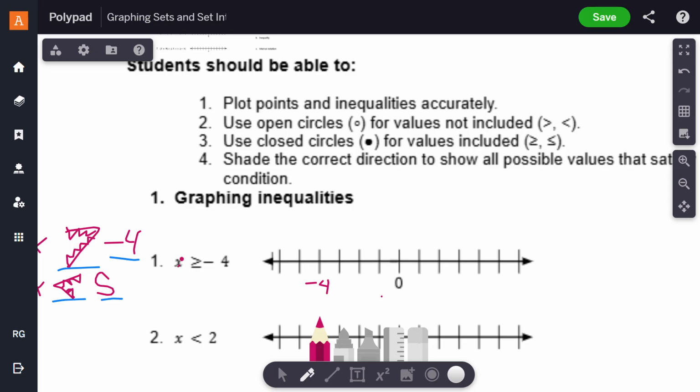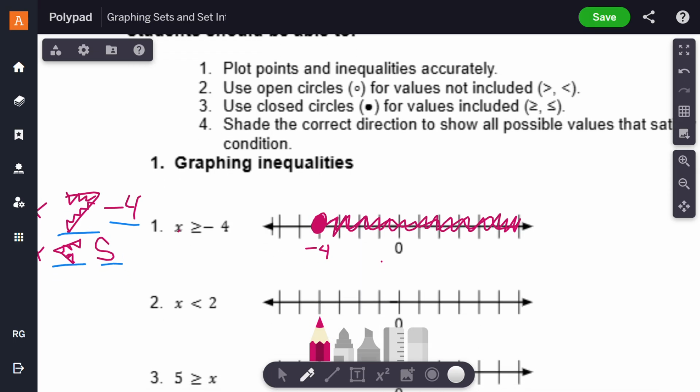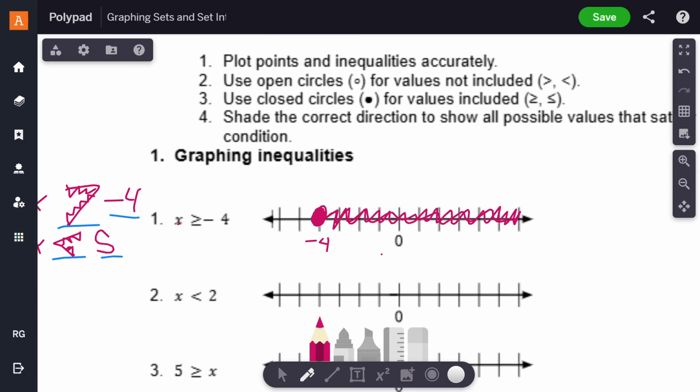So x is greater than -4 or equal to, we're going to use the closed circle. So x can be -4, but it can also be any value that is greater than -4. So we shade towards the direction of all the numbers that are greater than -4, and it's going infinitely in that direction.